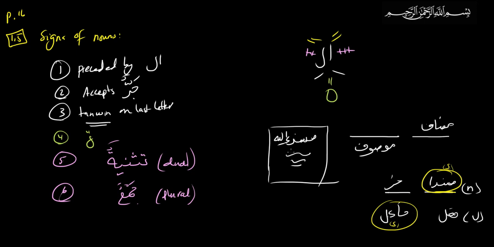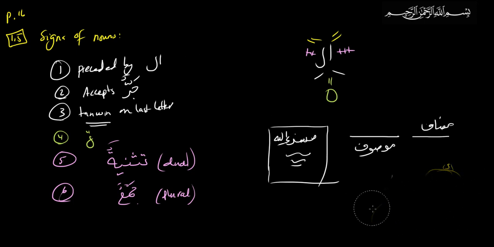But anyways, musnad ilayh is the entity that the information is given about. So all musnad ilayhs are also nouns. So one of the ways to recognize the noun is that it's a musnad ilayh. Okay, so that's number 7, it's a musnad ilayh.